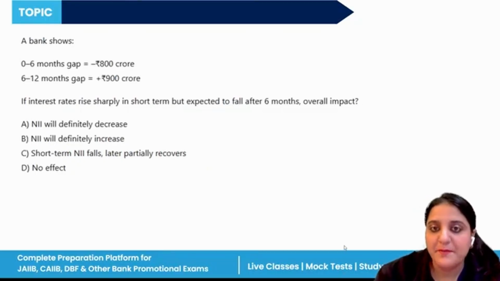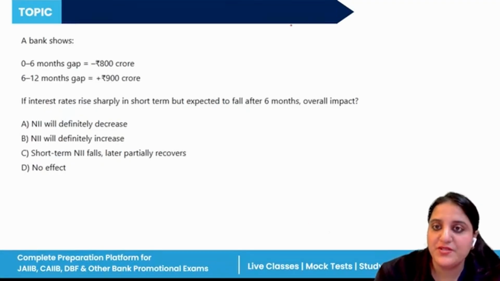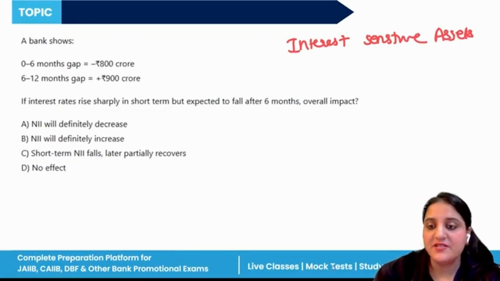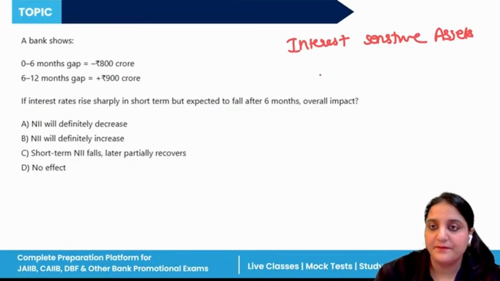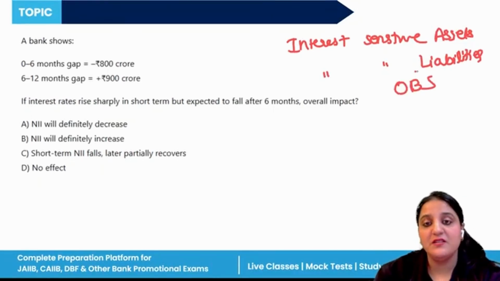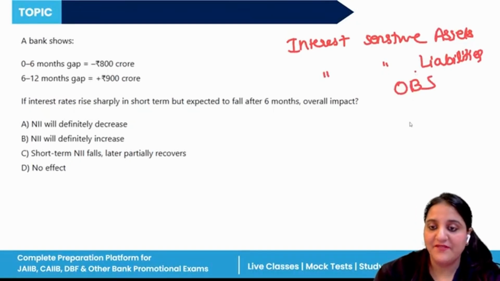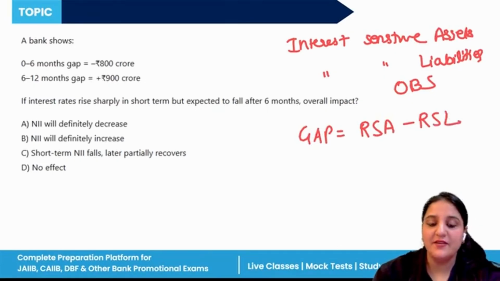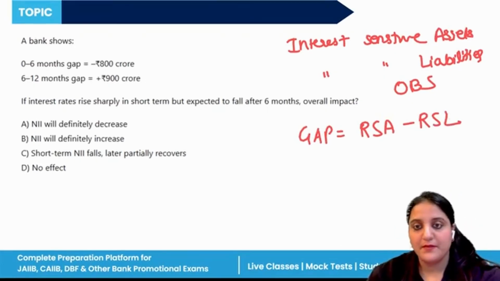See, this repricing schedule distributes the interest sensitive assets, then interest sensitive liabilities, and OBS off balance sheet positions. And we know that gap equals rate sensitive assets minus rate sensitive liabilities, right?